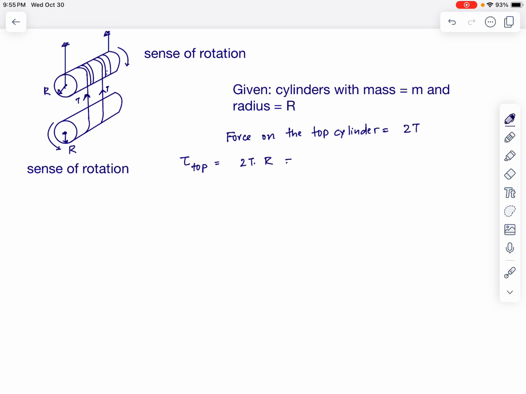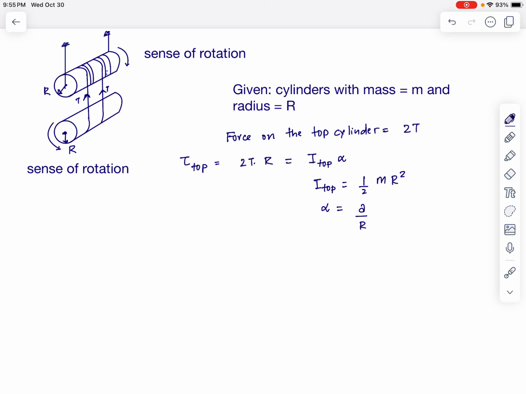that should be equal to I on the top for the top cylinder times alpha, where alpha is the angular acceleration. Since we have a cylinder on top, the moment of inertia is half times m times r squared, and alpha equals the linear acceleration divided by r.